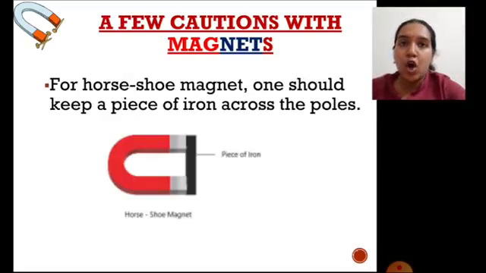What about a horseshoe magnet? How do we store it safely? For a horseshoe magnet, keep a small piece of iron across the poles and store it properly.